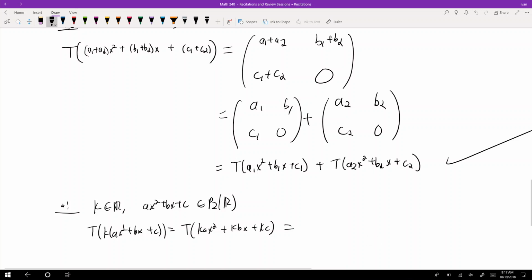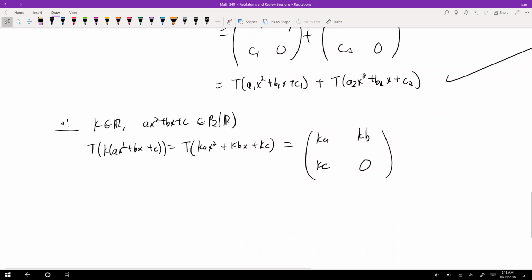And then now we toss it in our matrix. All right, what is our matrix? [ka, kb; kc, 0]. All right, might as well factor out a k. And we see that now we have k times [a, b; c, 0], which is just T of ax squared plus bx plus c.